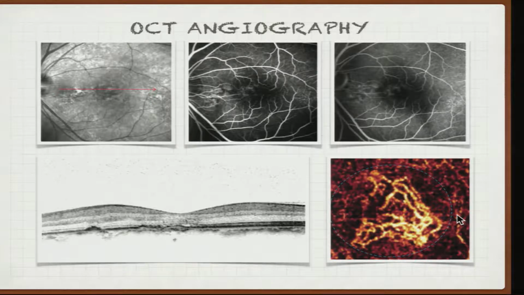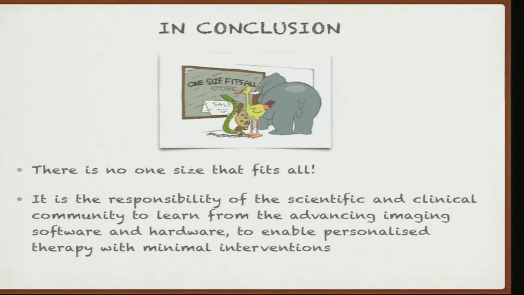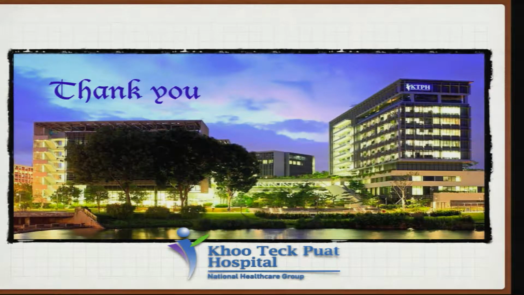So the question is whether we need to treat them before they present. Will we overtreat, and will we cause more RPE damage by treating when the patient is not symptomatic? So in conclusion, there's no test which will fit all sizes. It is our responsibility to learn to enable personalized therapy with minimal interventions. Thank you.